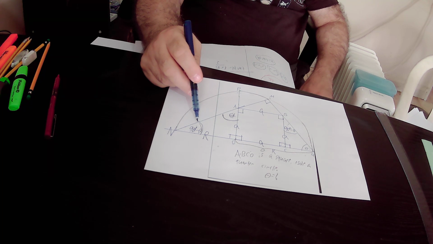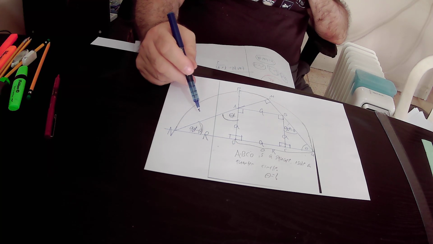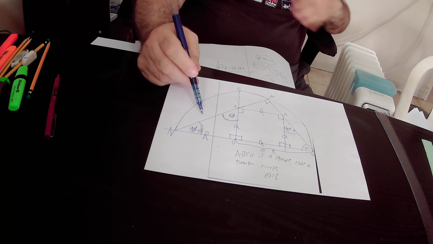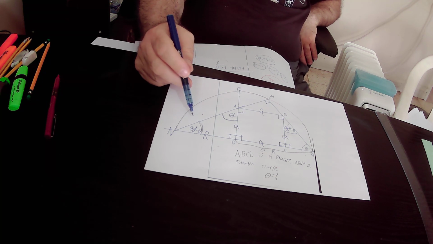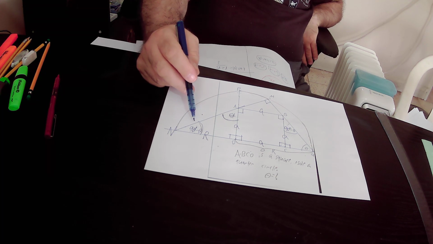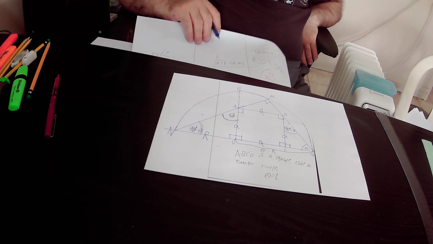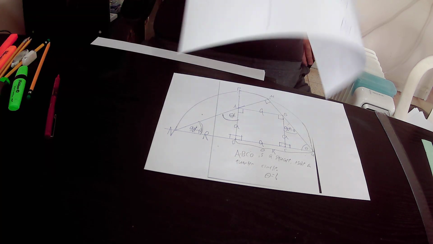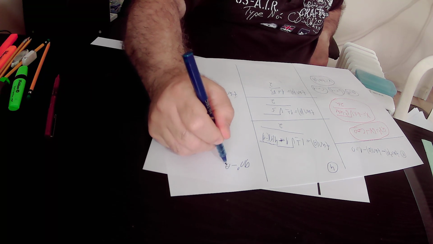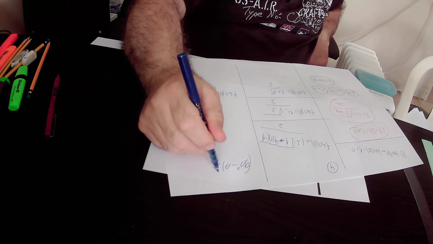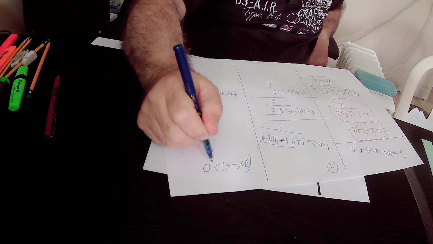Actually, all the angles inside a triangle must be positive numbers. So we can write down that this angle, which is equal to 90 degrees minus theta, is positive. So angle 90 degrees minus theta is a positive angle, that is to say it's greater than 0.